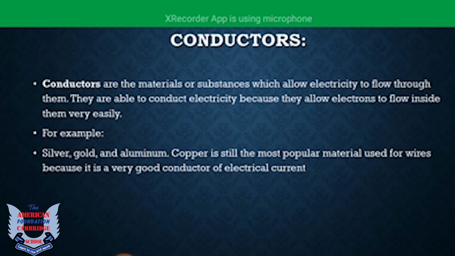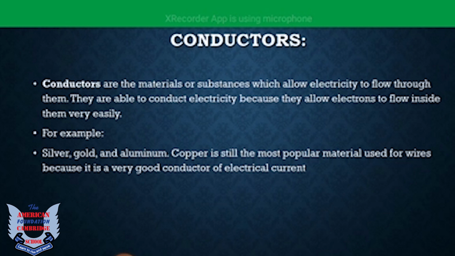Now, let me tell you about conductors in more detail. Conductors are the materials or substances which allow electricity to flow through them, and they are able to conduct electricity because they allow electrons to flow inside them very easily. So we can say that in all conductors, the electrons are loosely bound and they are free to move.